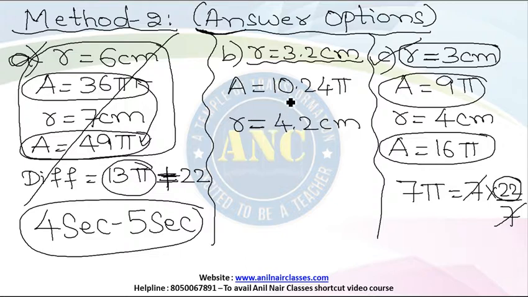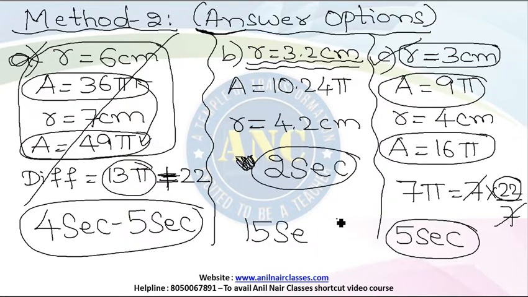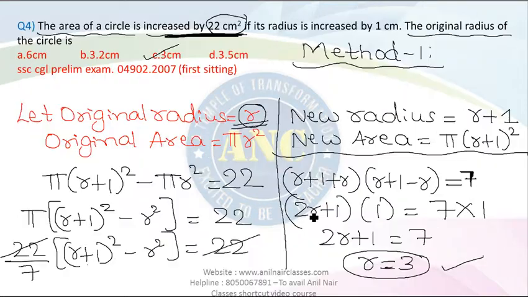Second option, although I did not check it, assume that you took 2 seconds in jumping from second option to third option, and for the third option to say that it is equal to 22, another 5 seconds. You will solve this particular question by using method 2 in the worst case scenario in 15 seconds. But if you use method 1, I can tell you definitely that you will take more than 15 seconds.